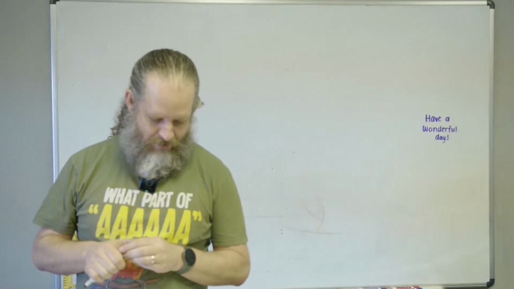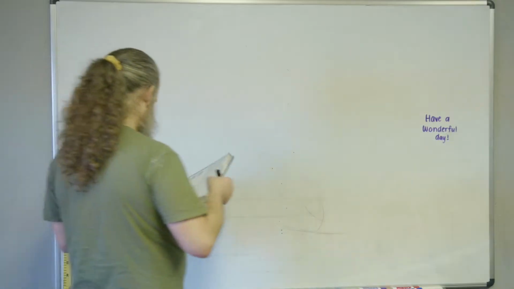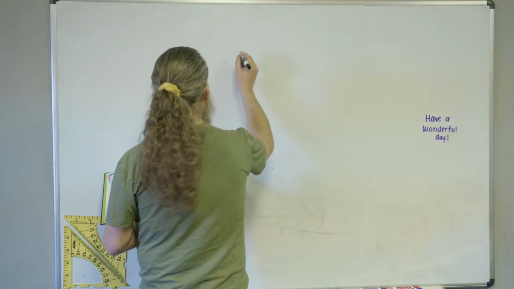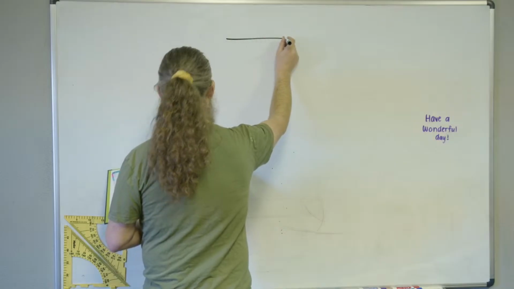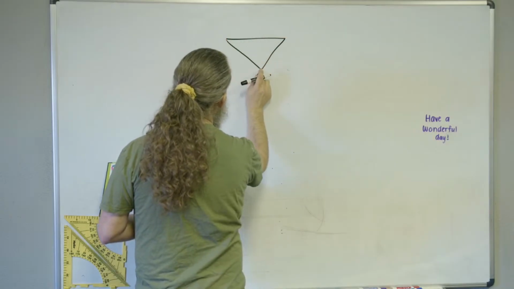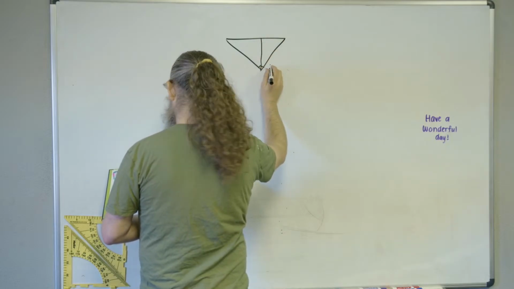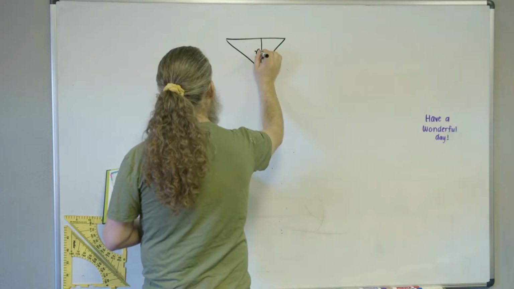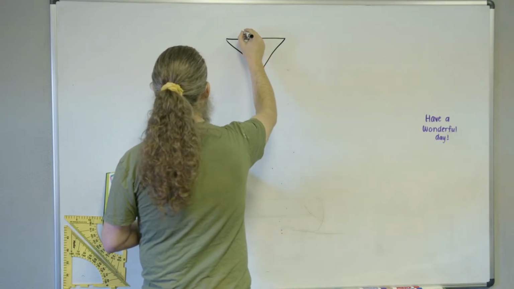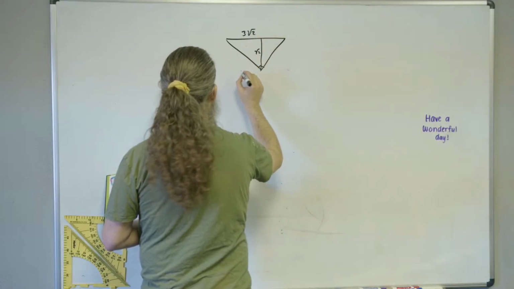Look, it's got square roots. Got square root of 2. 3 times the square root of 2. Oh, this is a special right triangle, which y'all don't know what that means yet.